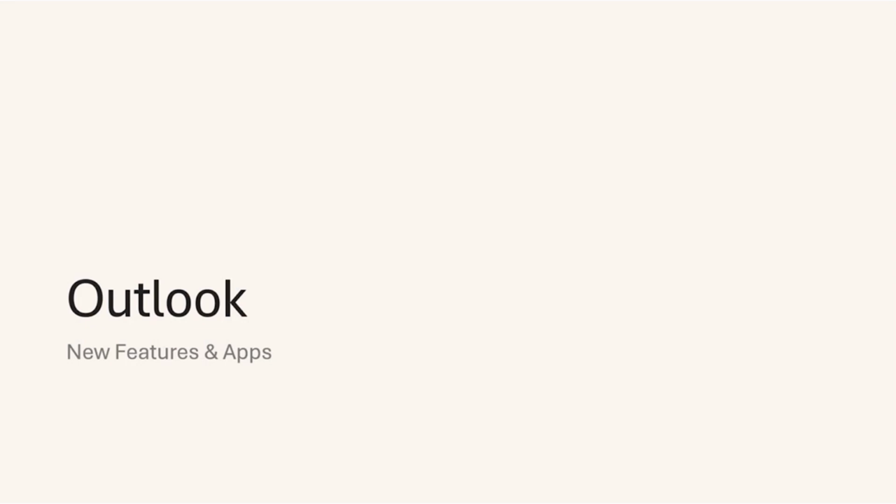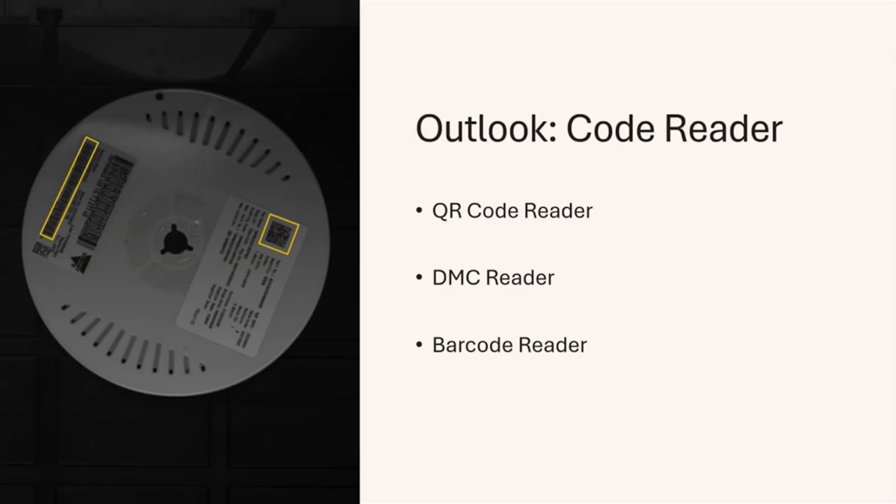It's just not feasible to do them without any reason. But something that we'd really like to introduce to the ctrlX ecosystem is just a basic code reader that can read QR codes, that can see DMCs or read barcodes. I think the application there is pretty clear.